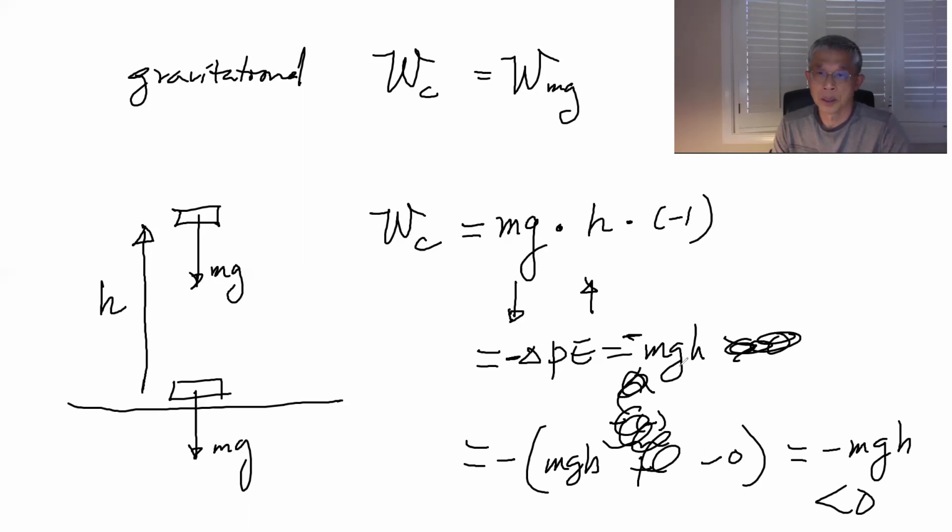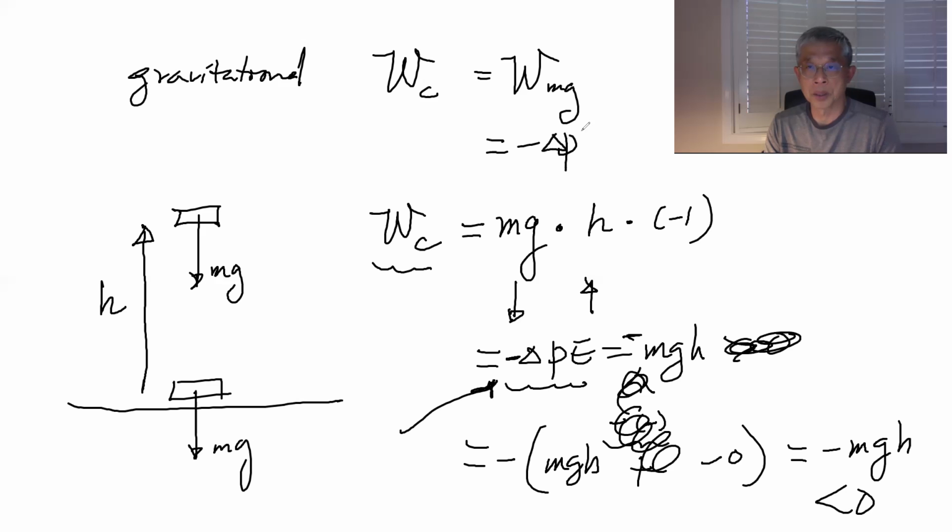You can see the work done is equal to minus delta PE, with a negative sign there. So work done by the conservative force is equal to minus delta PE, and that is also true in an electric field situation. Okay, we're going to stop there. Until next time, bye-bye.